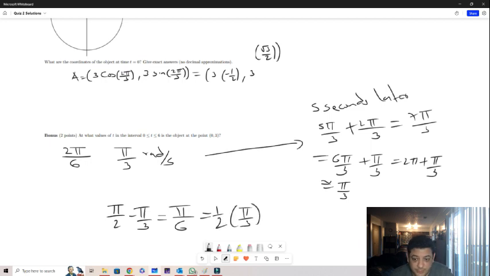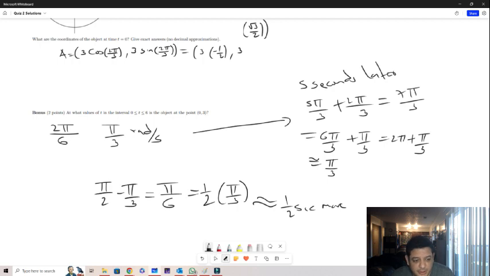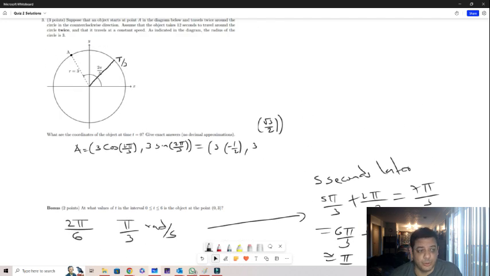And since it is moving pi over 3 radians per second, this movement, pi over 6, means half a second. So this means half a second more. And so we have 5 seconds to get to pi over 3, and we need half a second more to reach here. So the end result is going to be 5.5 seconds. And so that is the solution for quiz number 2.